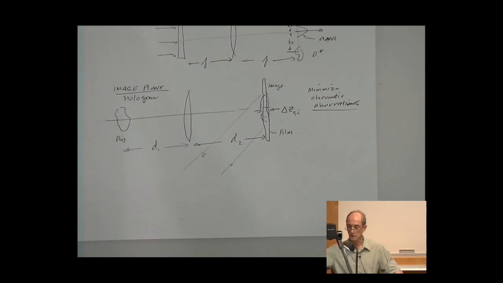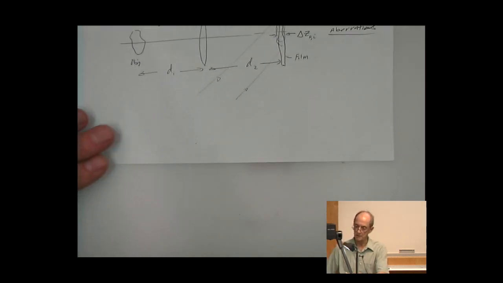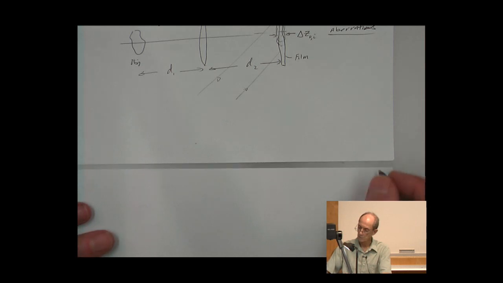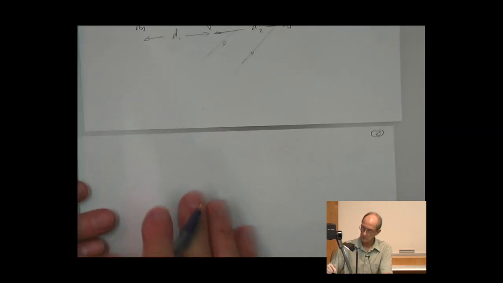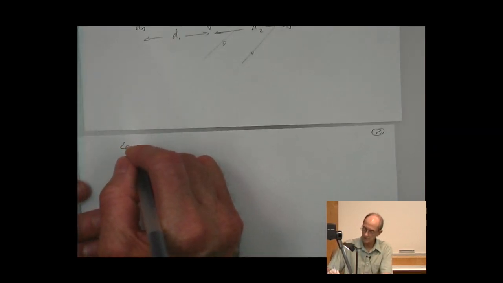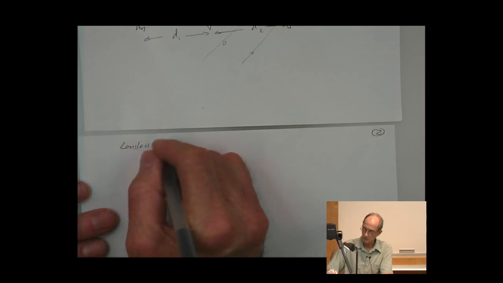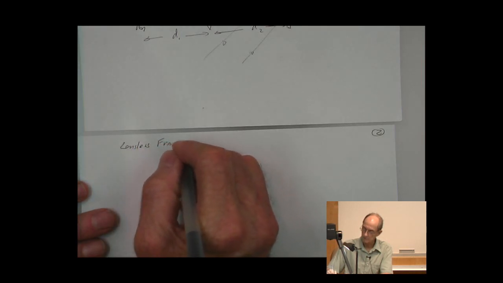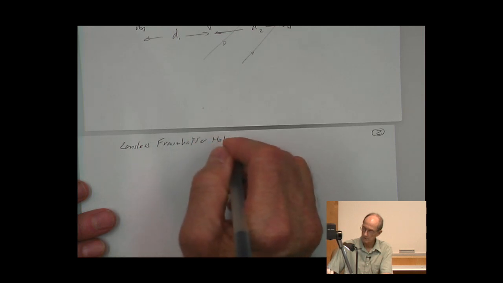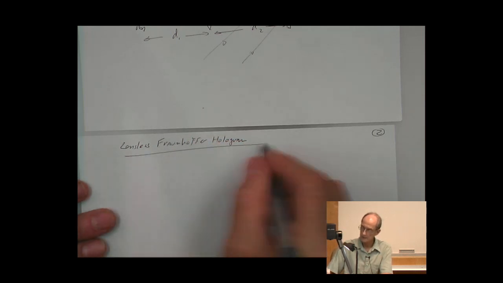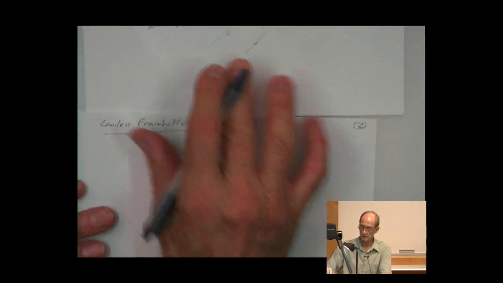Okay, so those were the geometries that we talked about. There was one more that's kind of interesting and useful, and this one is referred to as a lensless Fraunhofer hologram. And this has, again, some interesting properties associated with it.